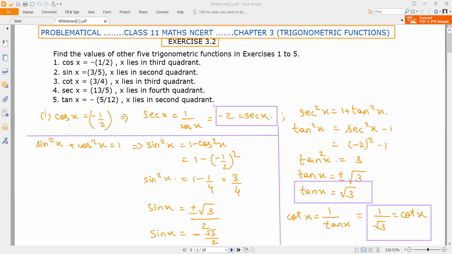Also, your cosec x is equal to 1 upon sine x. So you can write cosec x is equal to 1 upon sine x. This is equal to minus 2 upon root 3.